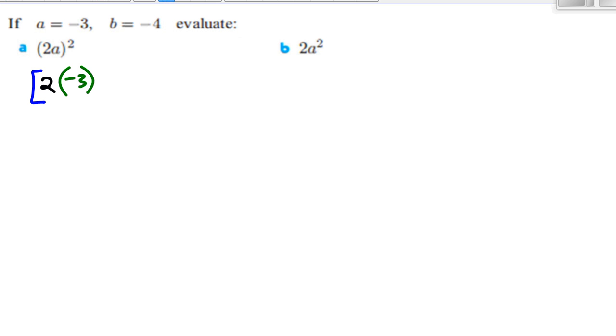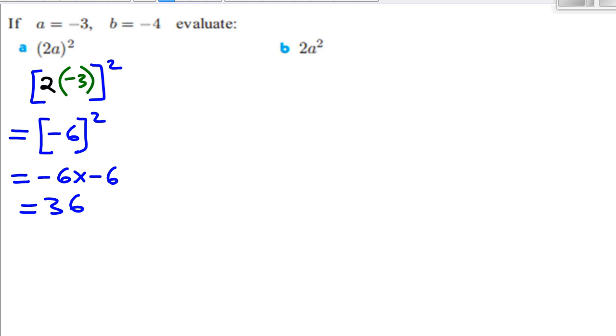And then I'll use those brackets to close whatever I have. Now this will be equal to, if I use those brackets again, 2 multiplied by negative 3 will be negative 6. So this means we have negative 6 multiplied by negative 6, which is just 36. And that's your final answer.